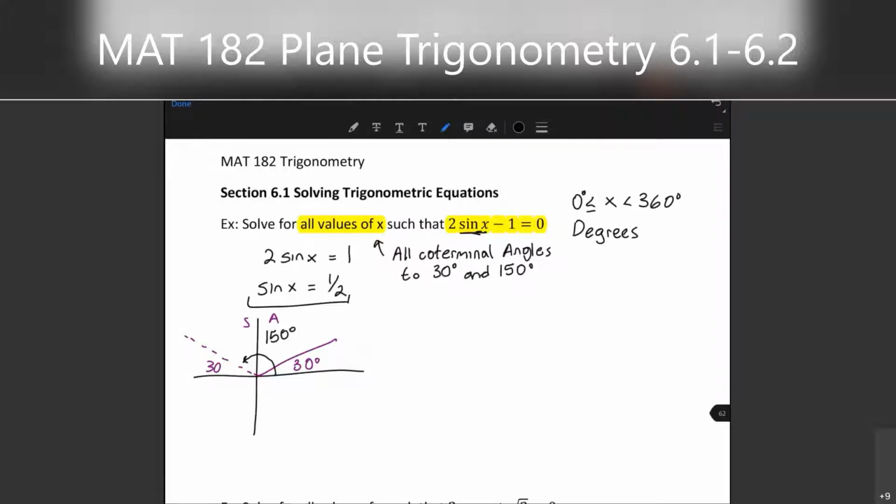Now if I wanted all possible solutions, I would write the solution set just like this. I would start at 30 degrees plus, since we want a coterminal angle to 30, I would add 360 times a value k, where k is an integer.